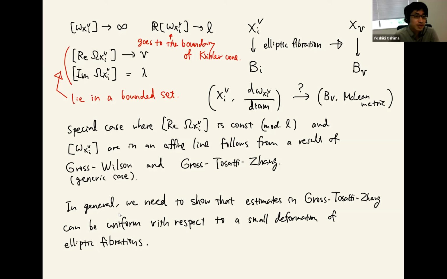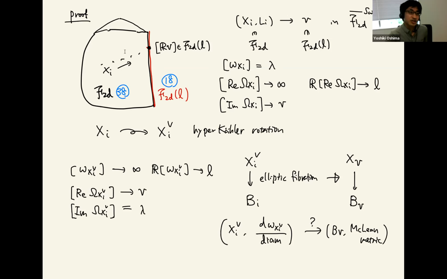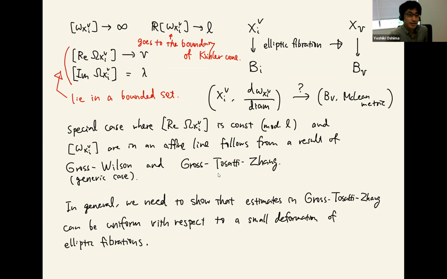So for our purpose, in general, we need to allow some small deformation of this elliptic fibration, and also the Kähler class may not be in a fixed affine line. So we need to make the estimate uniform with respect to this variation.